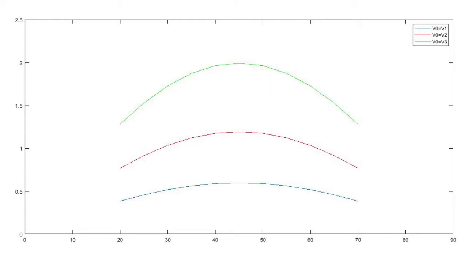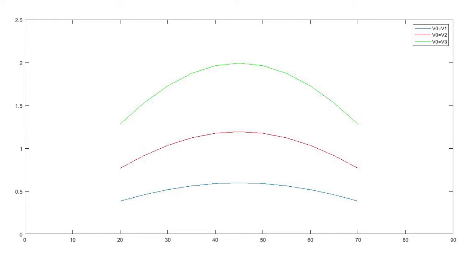The lower one is for initial velocity v1, the middle one is for initial velocity v2, and the higher one is for initial velocity v3. As we can see, the bigger the velocity is, the bigger the range is as well.